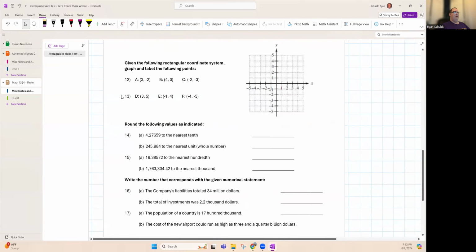For the first 2 problems, you're plotting points on the coordinate grid. For point A, at 3, -2, it's going to be right here. There's A. B is at 4, 0. There's B. C is at -2, -3.